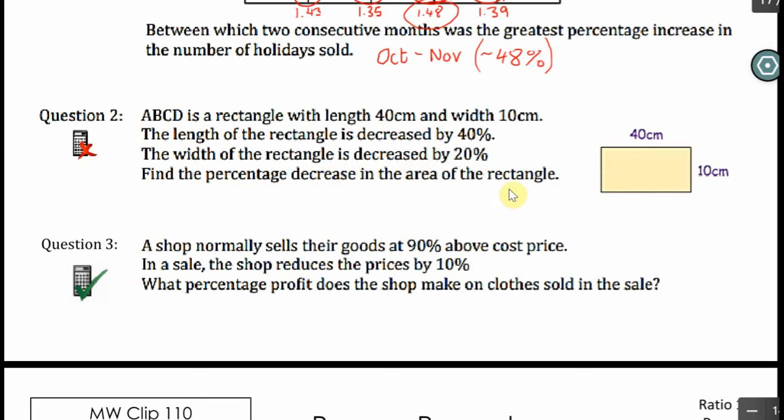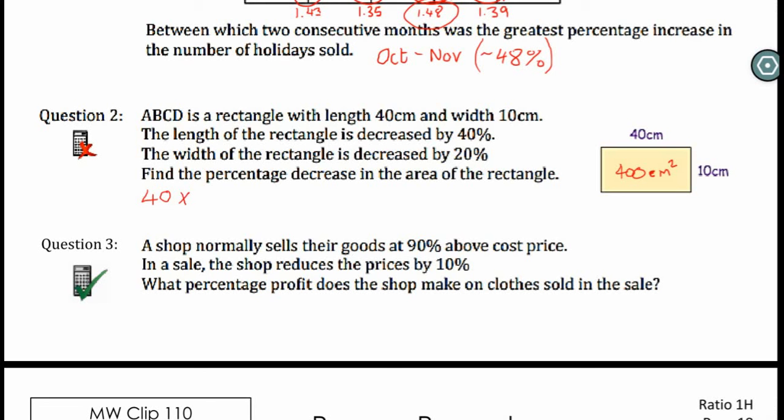But before we do that, we need to find the area at the moment. So to find the area of a rectangle, do 40 times 10, sorry, length times width, so that'll give us 400 square centimeters. Okay, and now if we decrease 40 centimeters by 40%, what multiplier would we use to decrease by 40%?